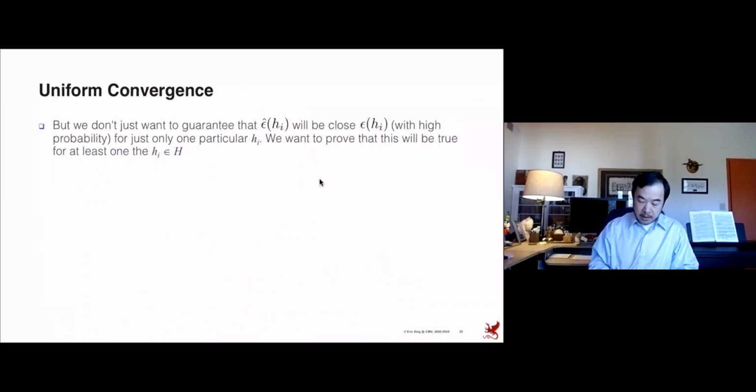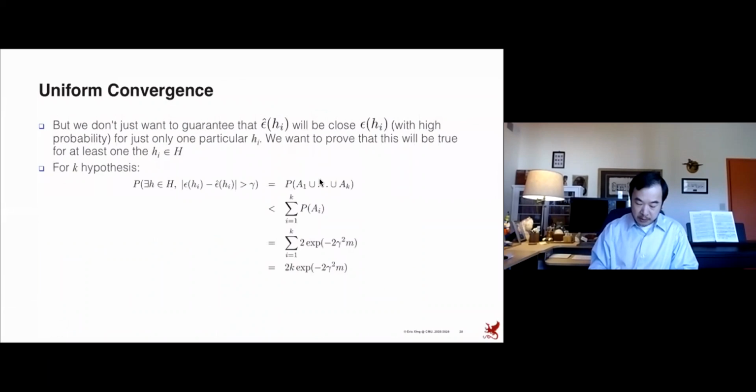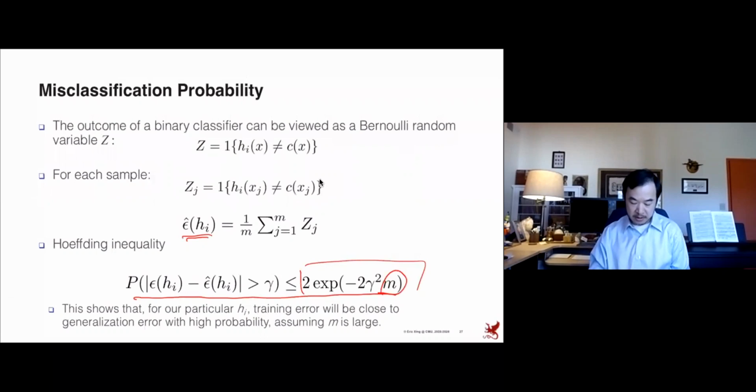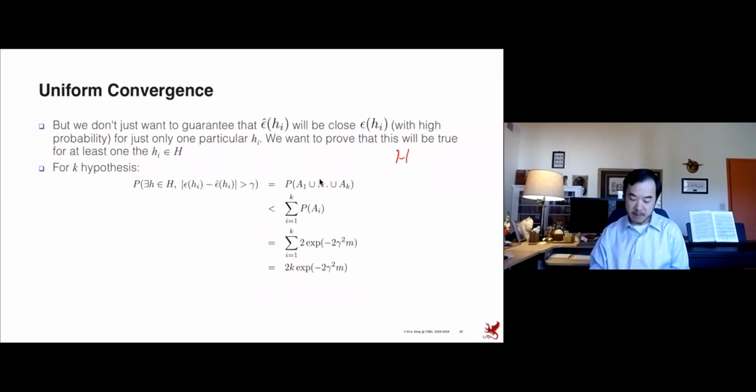And then we're going to have the uniform convergence, which is quite useful here. So we are now again talking about the hypothesis space, which contains many hypotheses. Just now we were talking about one hypothesis, and here we have many hypotheses, right?